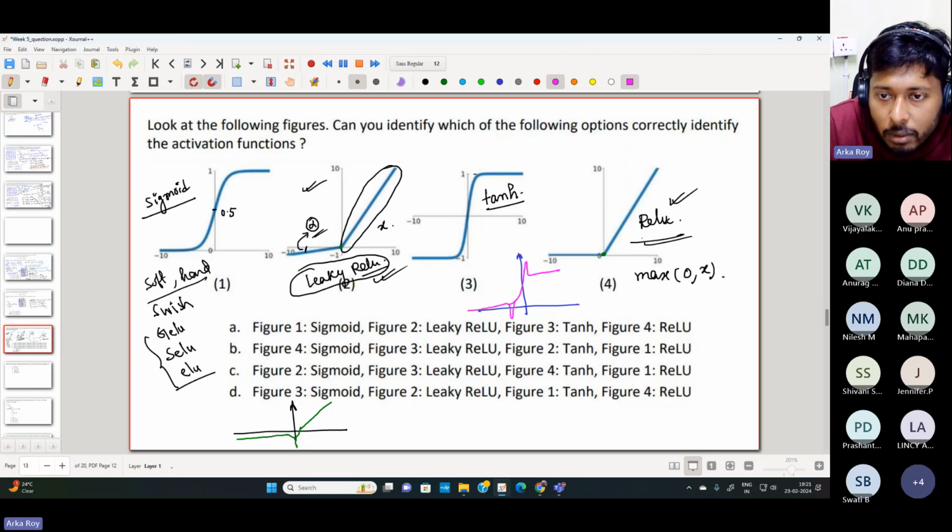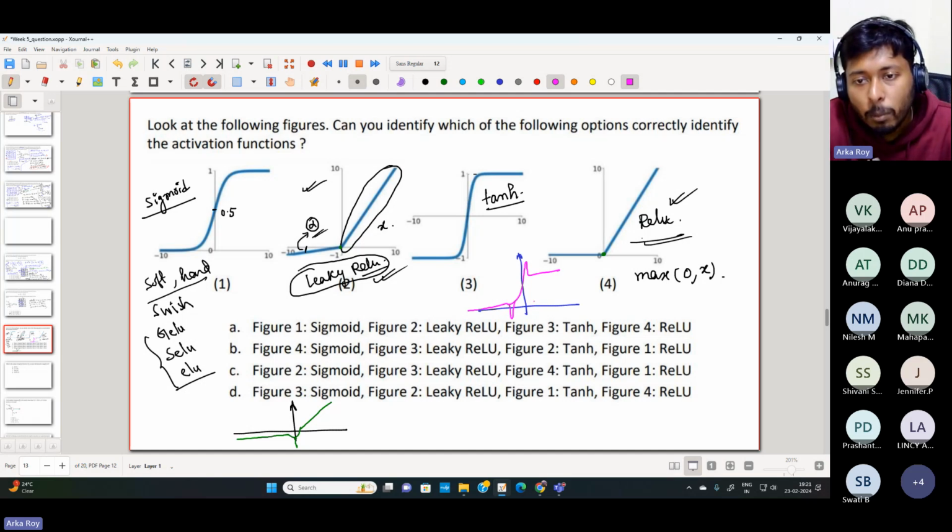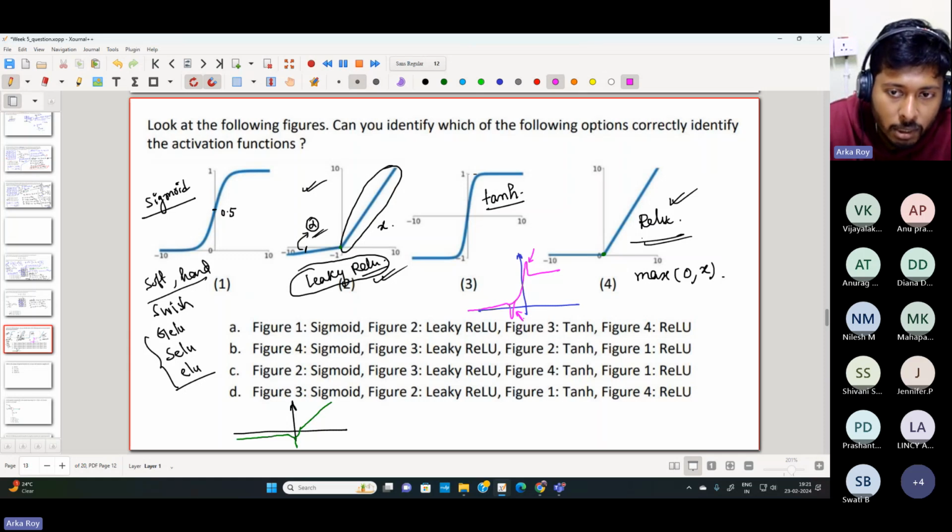It reaches 1 and 0 when you increase the value, but there is a glitch over here at both the lobes, in the upper side and in the lower side. So they proposed, why should we consider the glitch and all.